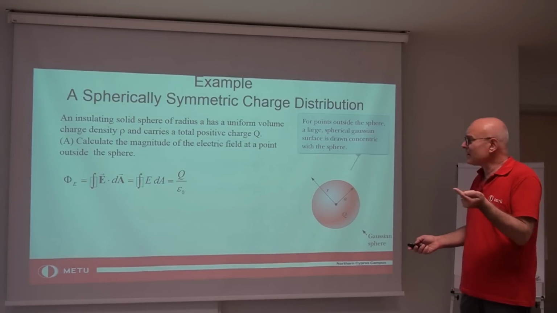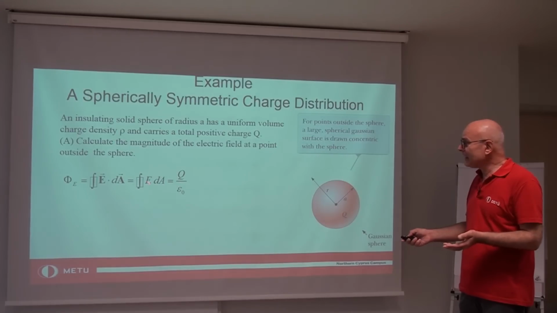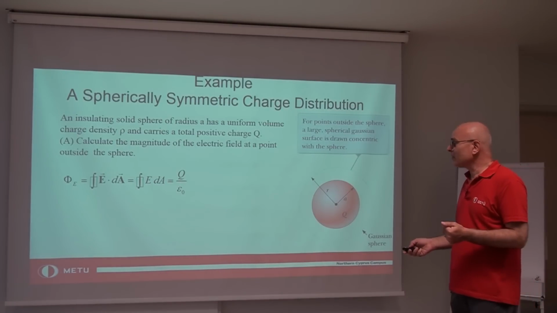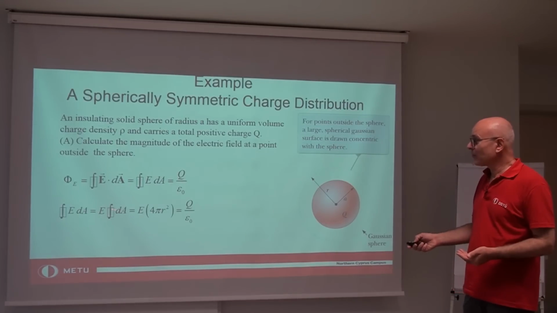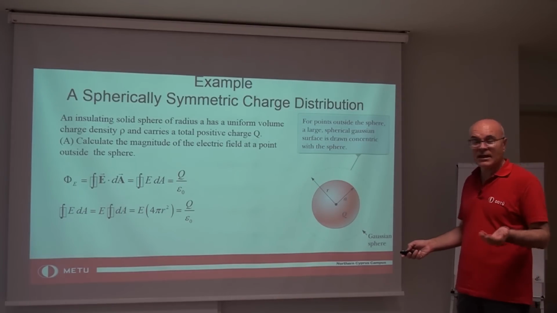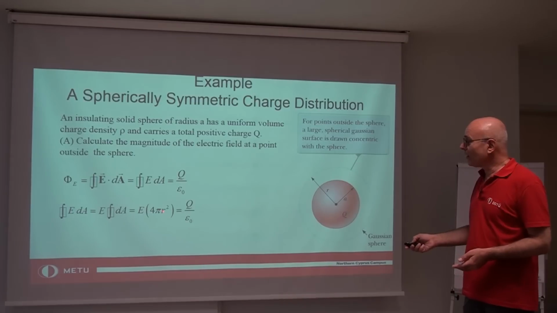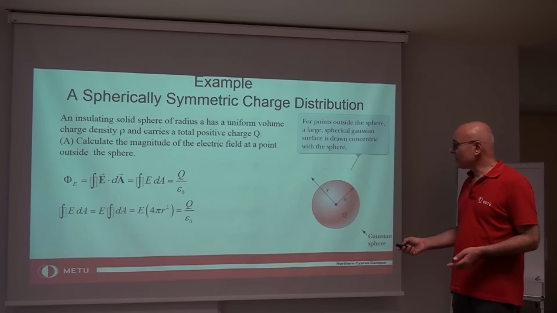Now, the next step is just observing that E on the surface is constant, as we have just argued, and so it can be taken outside the integral. What remains is calculating the area of the sphere, which is 4 pi r squared. So E multiplied by 4 pi r squared is equal to Q, the charge of the sphere, divided by epsilon naught.